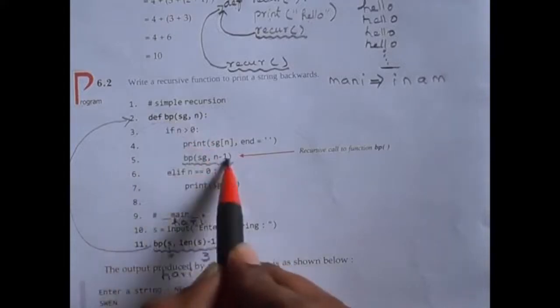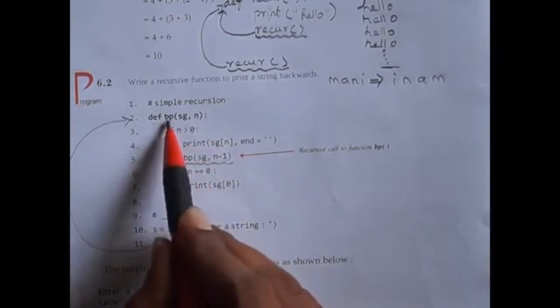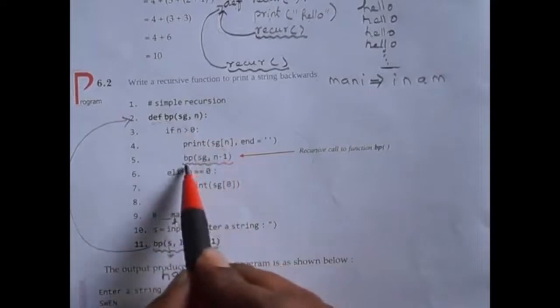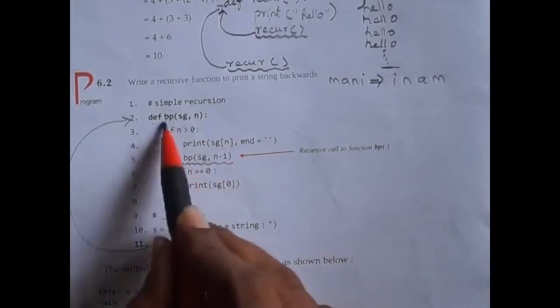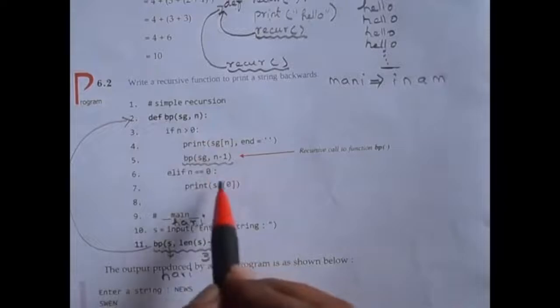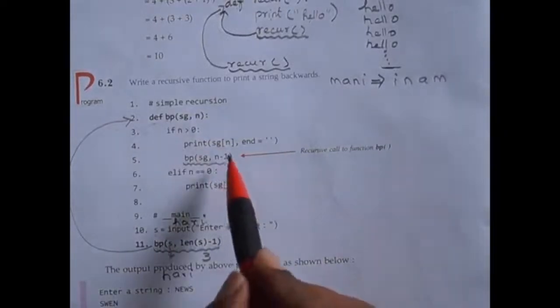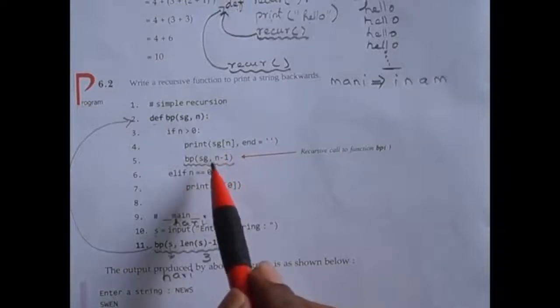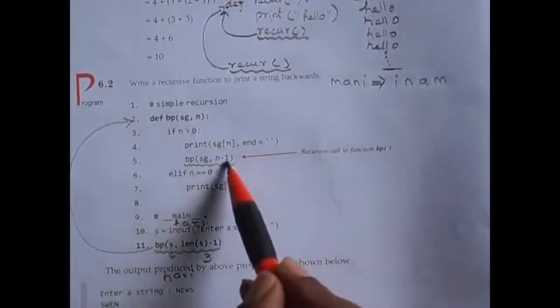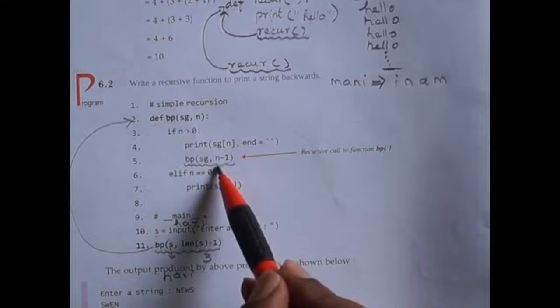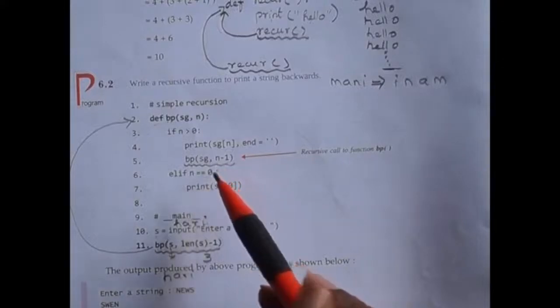If it reaches the BP function, once again it will call the BP function. Like that it will execute so many number of times. At one point it is going to be stopped. How is it going to be stopped? Let me explain.